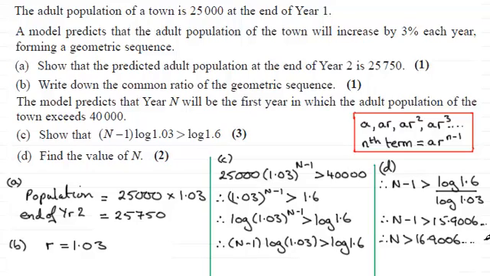So what year must we be talking about here? What's the first year in which the population exceeds 40,000? Well, it's got to be the least value of n, and n's got to be an integer. So the smallest integer greater than 16.9 has to be 17. So therefore n must equal 17.